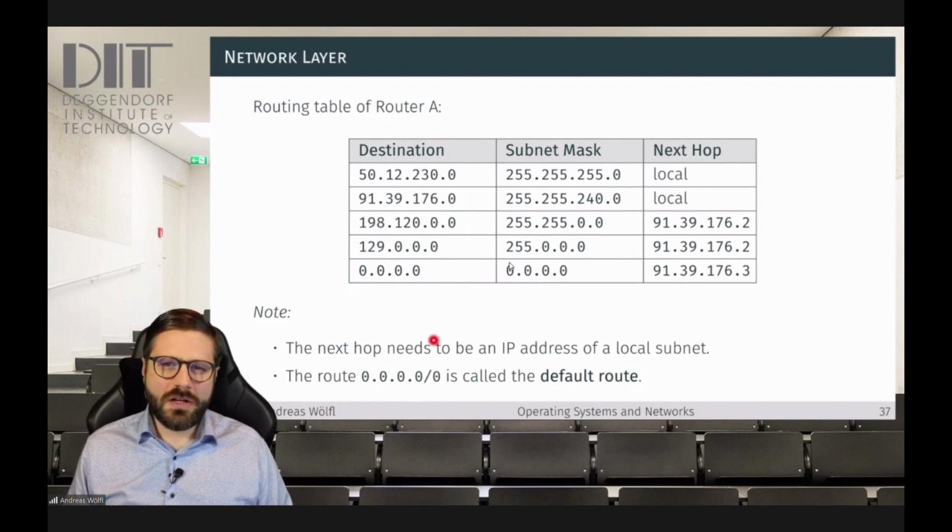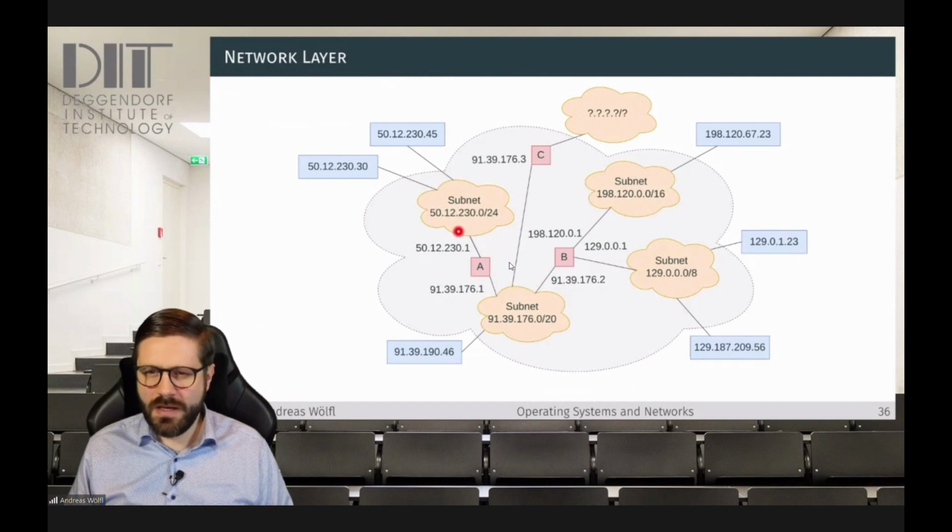So let's take a look at this routing table, especially the first 2 lines. This is the routing table of router A. And we see in the diagram, router A is part of 2 subnets. Router A is part of the 50.12.230.0/24 subnet, and router A is also part of the 91.39.176.0/20 subnet. Router A has these 2 IP addresses respectively.